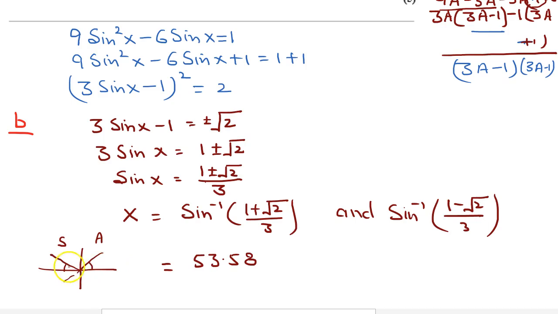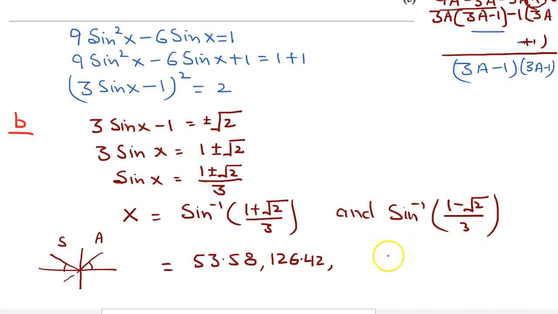So one value is this and one value is 180 minus this, that is 126.42. 126.415, and 0.415 is 0.42 up to 2 places of decimals.